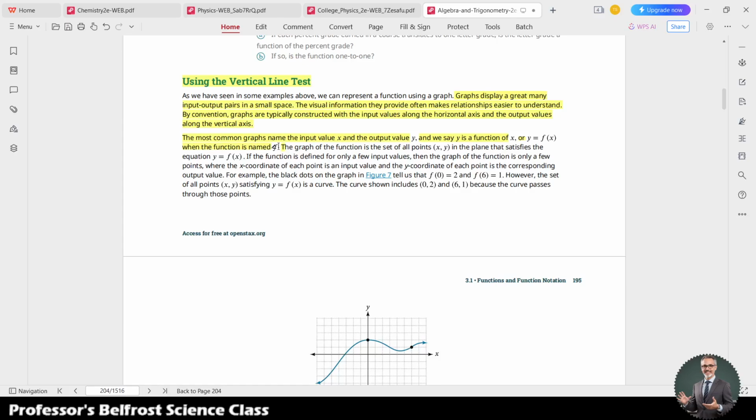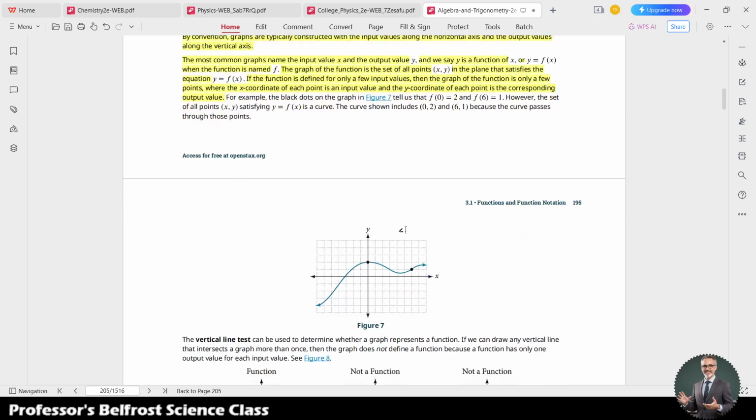So the graph of a function is the set of all points (x, y) in the plane that satisfy the equation y equals f(x). And if the function is defined for only a few input values, then the graph of the function is only a few points, where the x coordinate of each point is an input value and the y coordinate of each point is a corresponding output value.